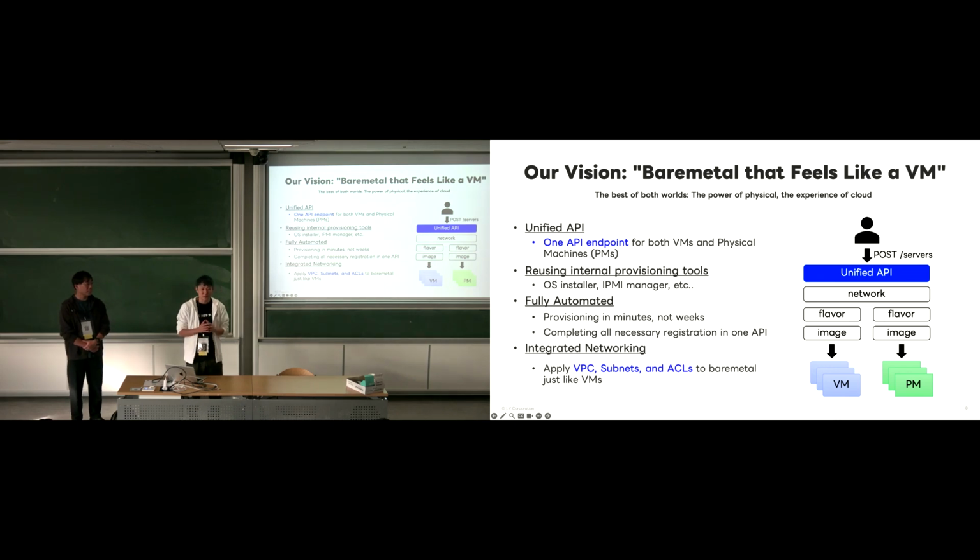After the company merger, we already have some in-house provisioning tools, like an IPM manager or something, so we should reuse these parts in our new private cloud. The third point is fully automated provisioning in minutes, not weeks, completing all necessary registration in one API.